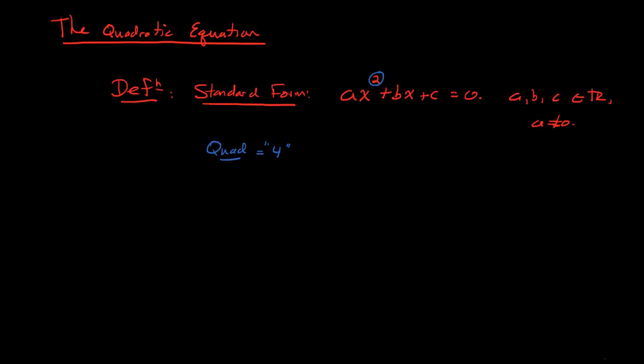A square has 4 sides, hence the word quad, and that's why we use it in terms of the quadriceps, or a building called a quad, because it has 4 sides. But it is actually determined because of the word quadratus, which means to make something square. So here we have something that is square, and that's the reason why we can call this a quadratic equation, and this is the standard form.